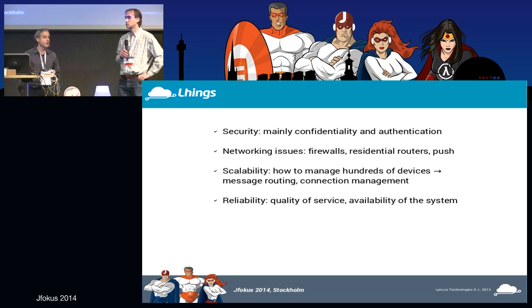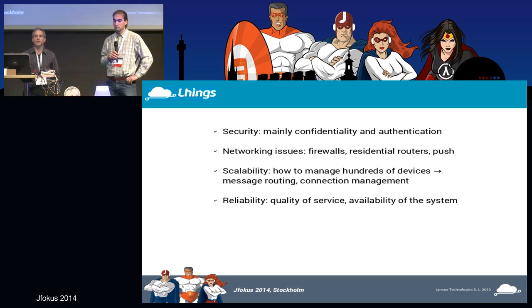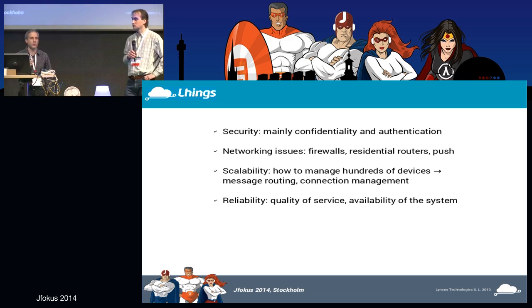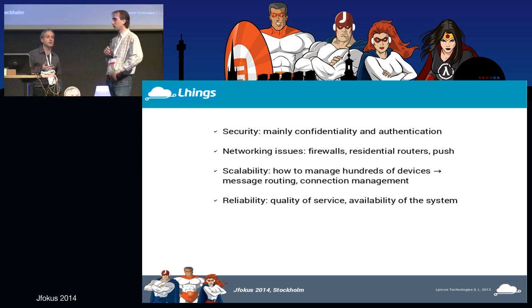For example, security, because we do not want other people to control our devices or get access to our devices if we do not allow them to do it. Also, networking issues are a problem because we have to deal with firewalls. We have to open ports on residential routers.